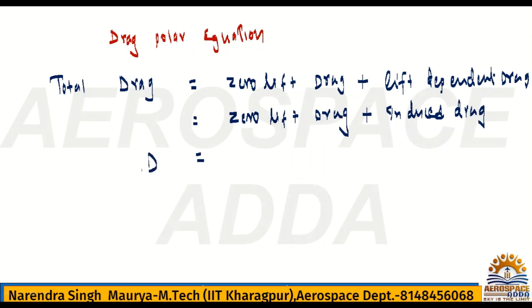So total D is equal to D naught, zero lift drag, plus DI.